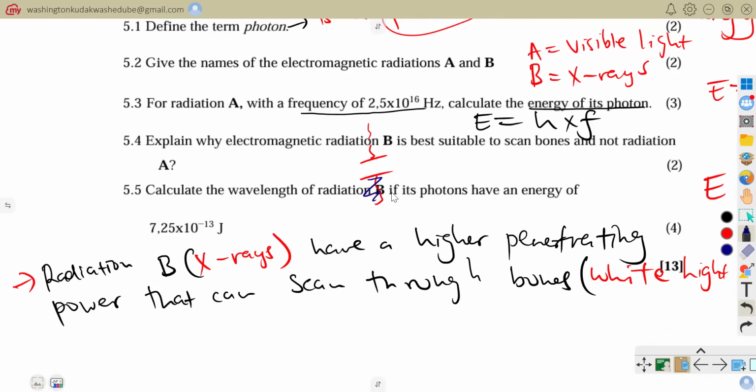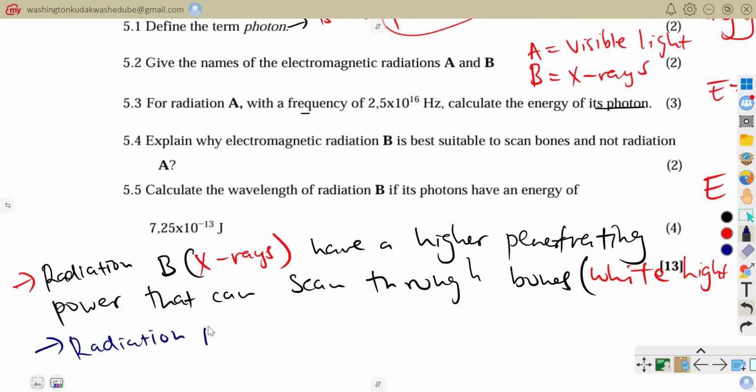However, if we now look at radiation A, which is visible light, it does not have enough penetrating power. So radiation A, which is your visible light, will give you a white image that you can actually see through.